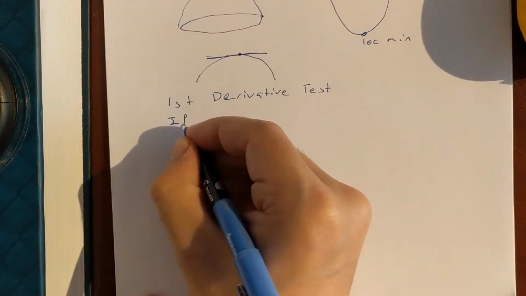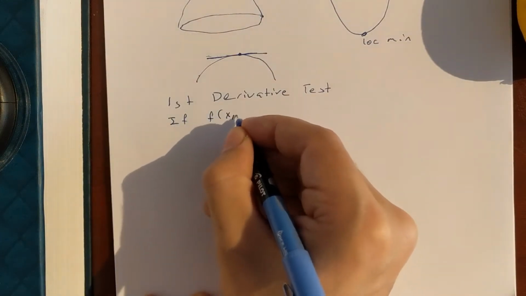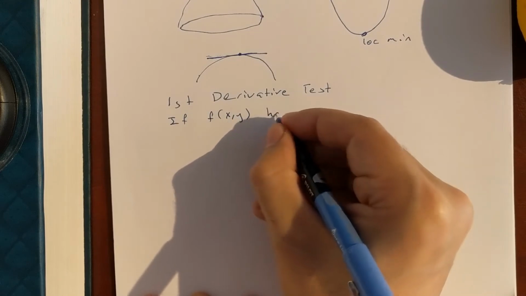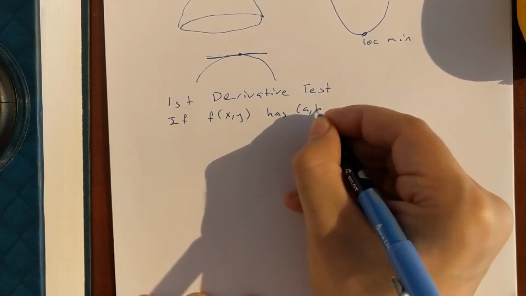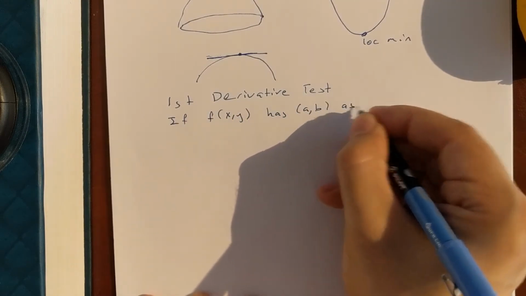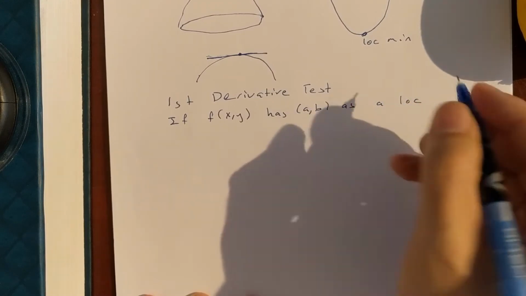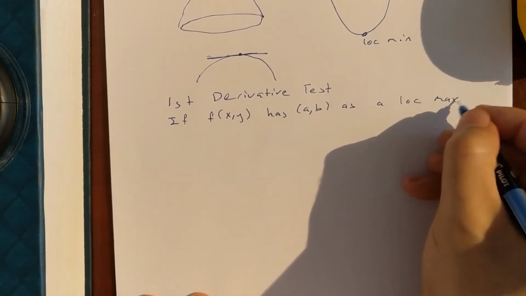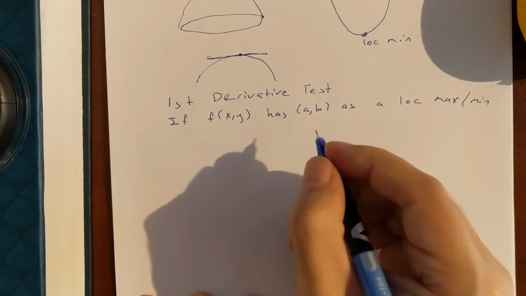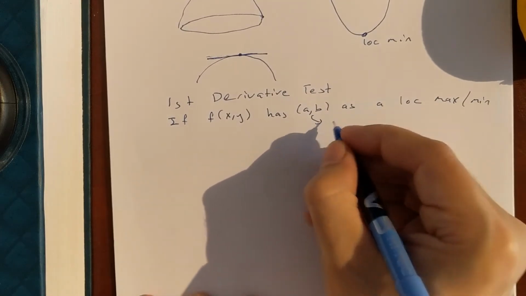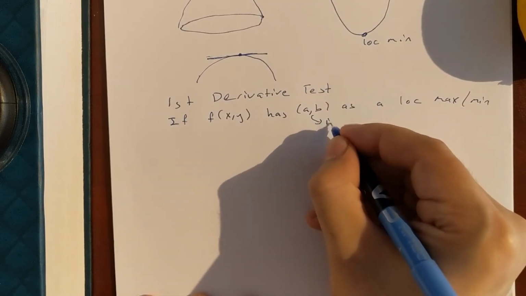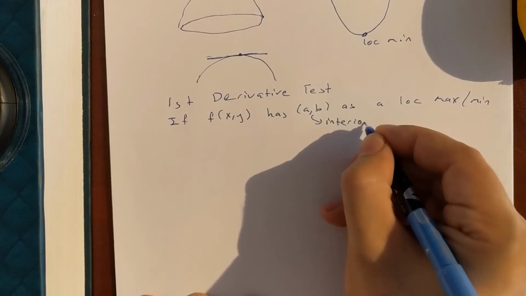If f of (x, y) has (a, b) as a local max or min, here, of course, remember, when we're talking about local, (a, b) has to be an interior point of the domain. That's very important.